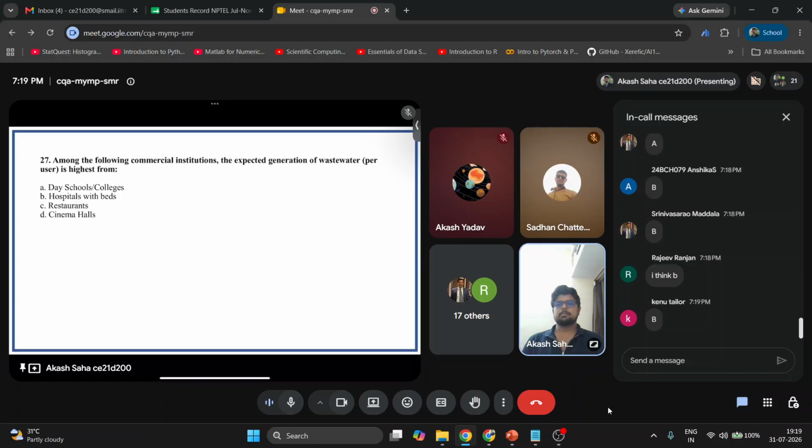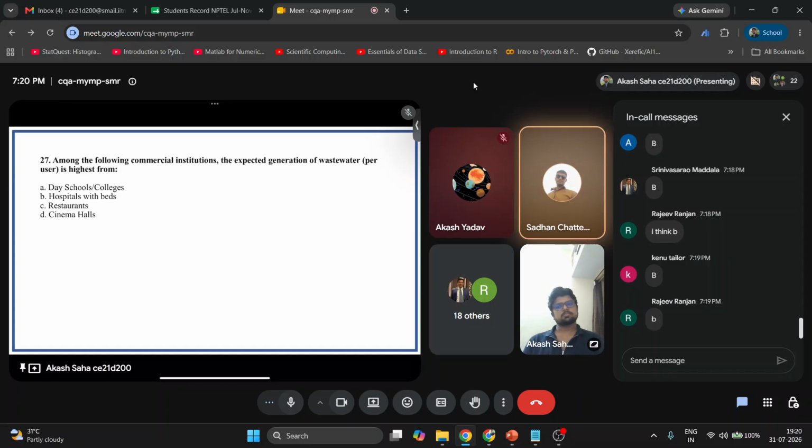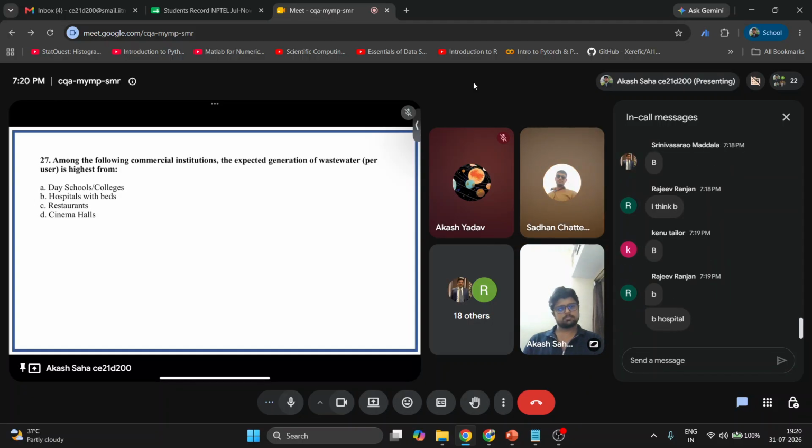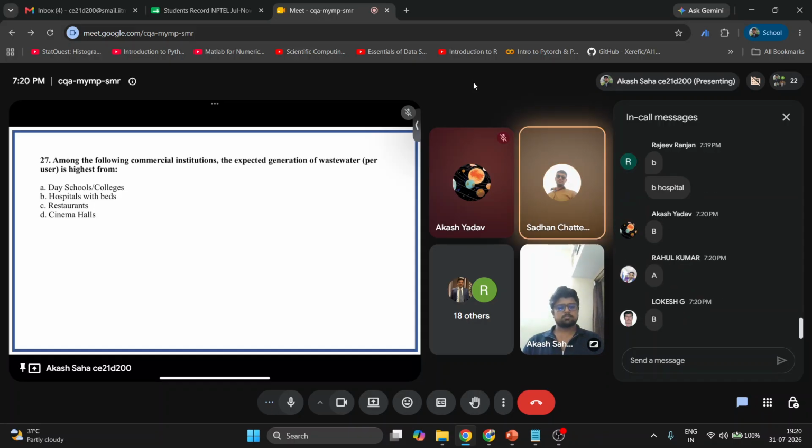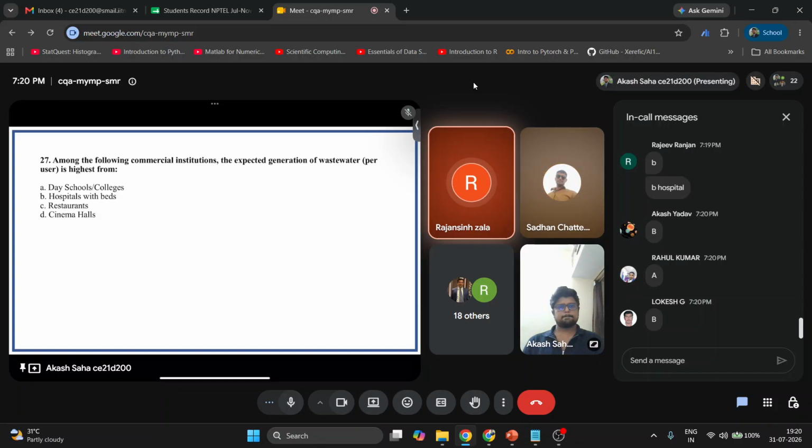Among the following commercial institutions, the expected generation of wastewater per user is highest in which of these? Day schools, colleges, hospital with beds, restaurants, cinema halls. B, hospitals.